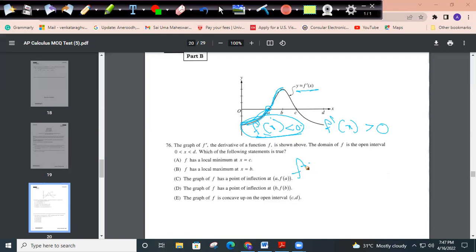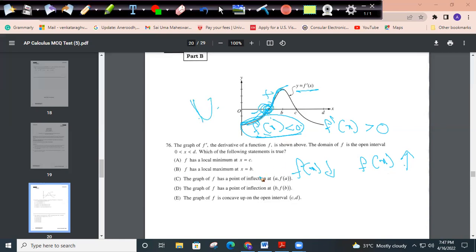Here f of x is increasing. Indirectly, A is a local minimum point. It is changing from negative to positive, which means it is a local minimum.